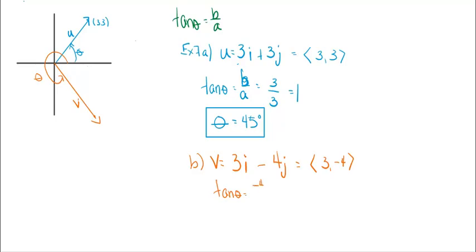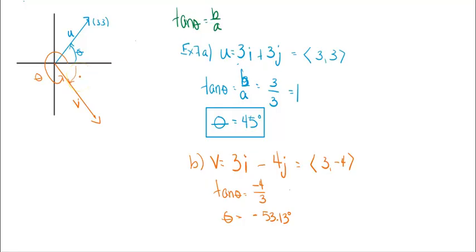Well, b is negative 4, a is 3, and if you were to type arctan of negative 4 thirds on your calculator, make sure it's in degree form, you're going to get theta equals negative 53.13 degrees.